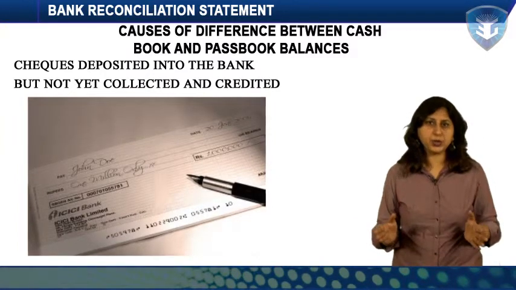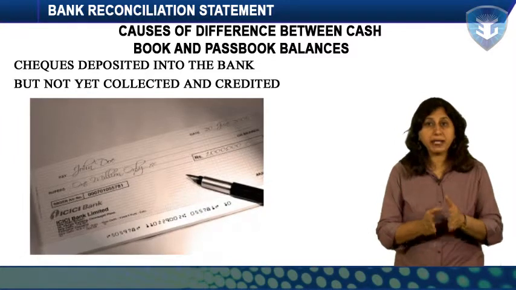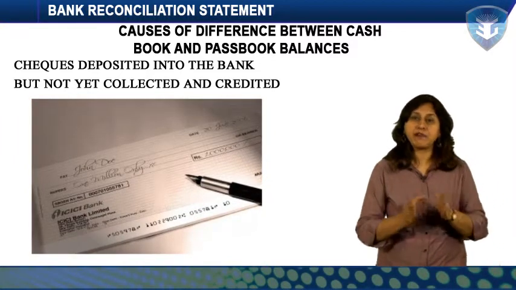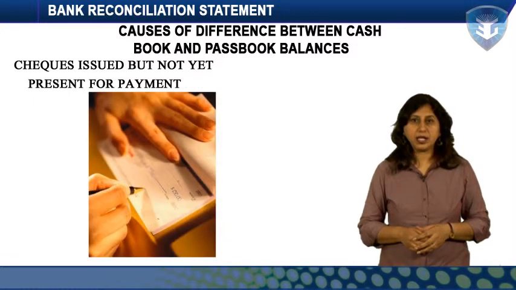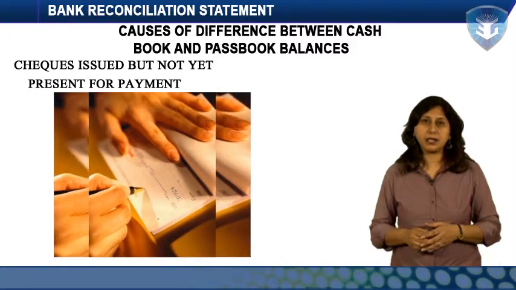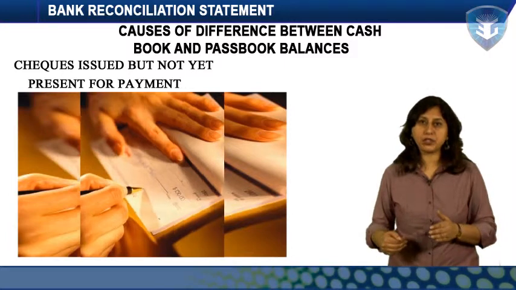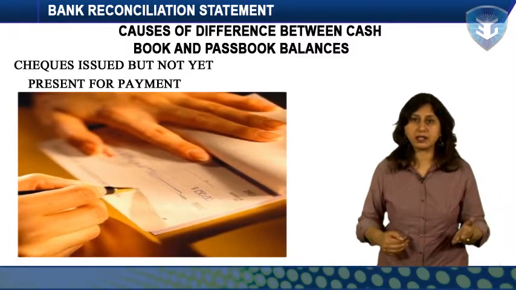It is quite usual that some of the checks deposited by the concern may remain uncollected at the time the bank statement is sent for comparison. Checks issued but not yet presented for payment. Similarly, the entry for the issue of check is made in the books of the concern immediately and the bank account is credited.